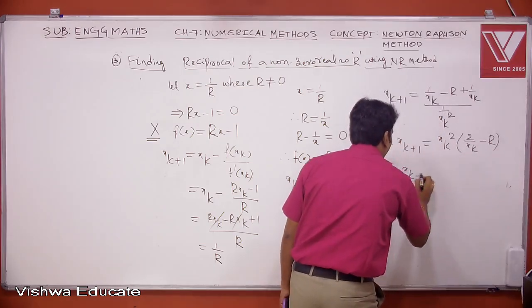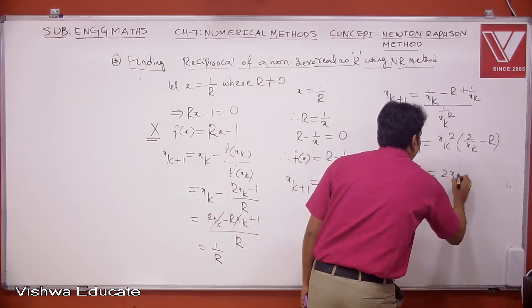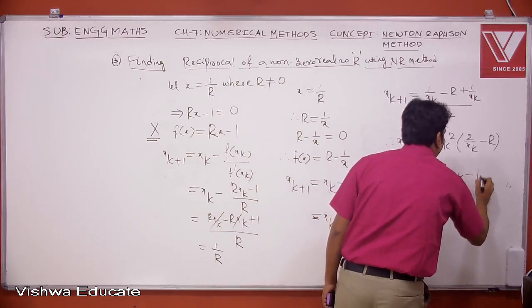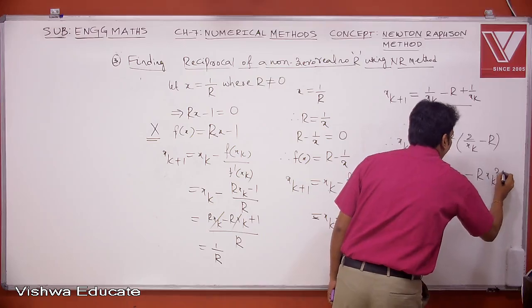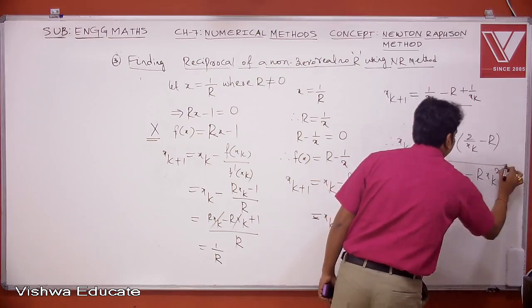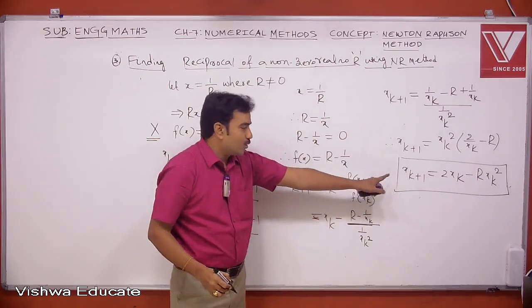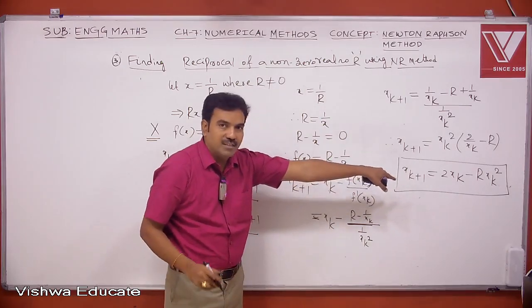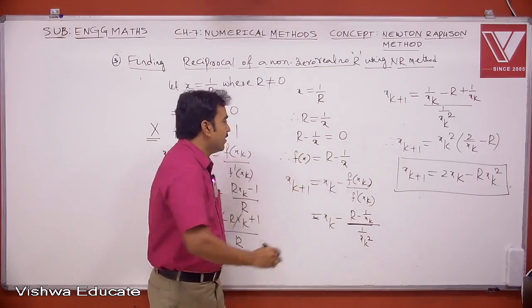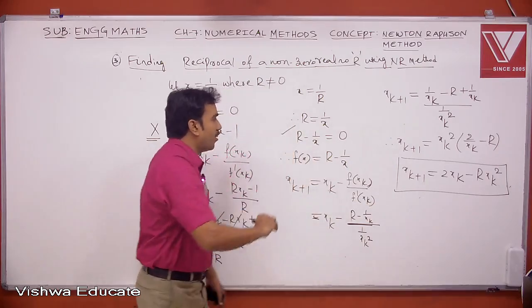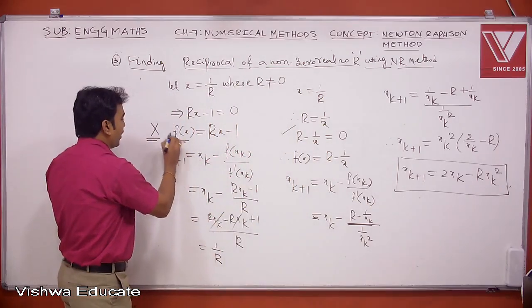Therefore, xk plus 1 equal to 2xk minus r times xk square. So, therefore, this is the expression for xk plus 1 in terms of xk. So, we got xk plus 1 in terms of xk. It's a correct recurrence relation. So, this is the right choice for f of x.